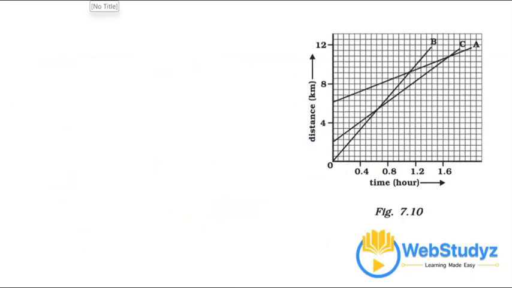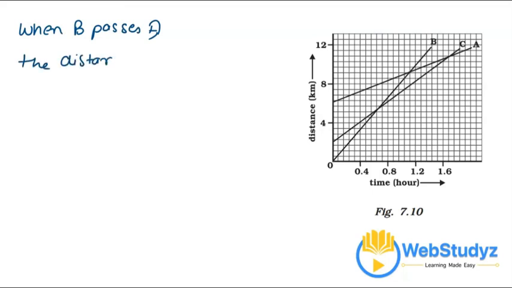Now, when B passes A, the distance between origin and C is 8 kilometers.